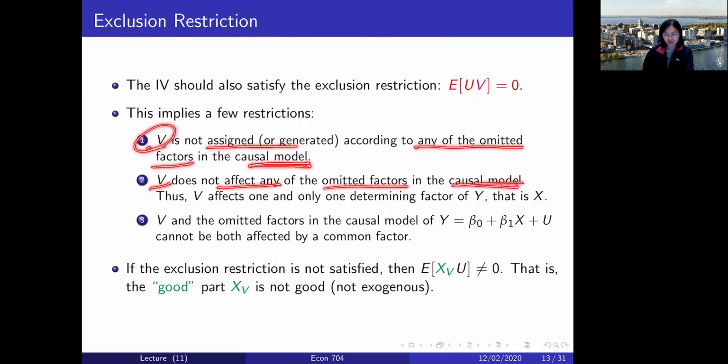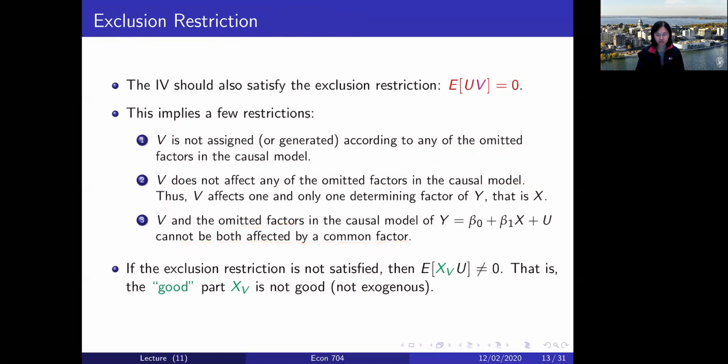Suppose the factors in the causal model include intelligence. V should not be anything that can affect intelligence or be affected by intelligence. And V and intelligence should also not be affected by a common factor, because all of those can cause correlation between the error and the instrumental variable. So the instrumental variable should be chosen very carefully.